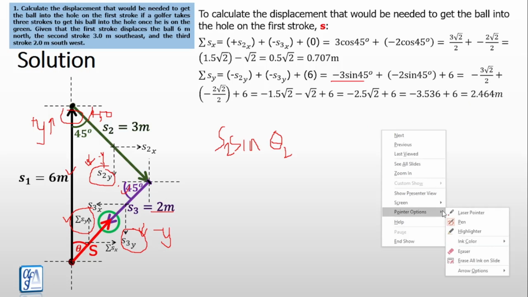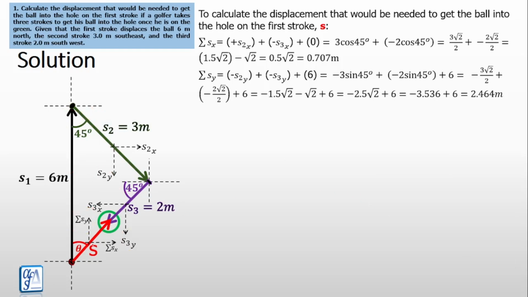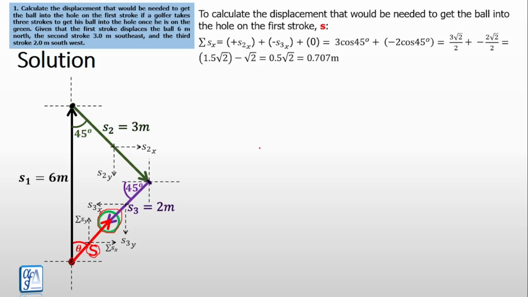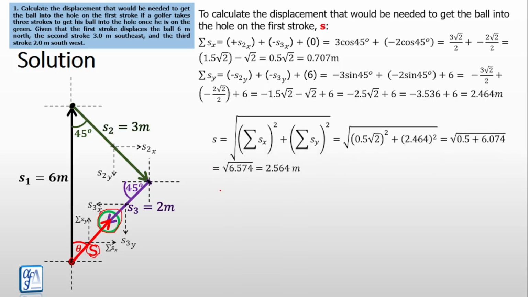The next thing we are doing now is to solve for what? The value of the displacement from the starting point here to the what? To the O on the green. Now to do this, we use Pythagoras rule.